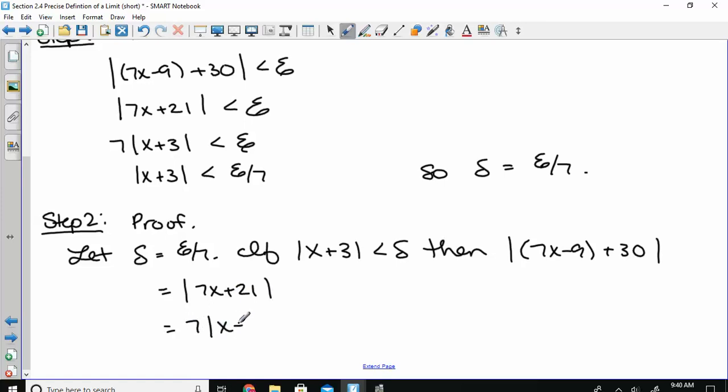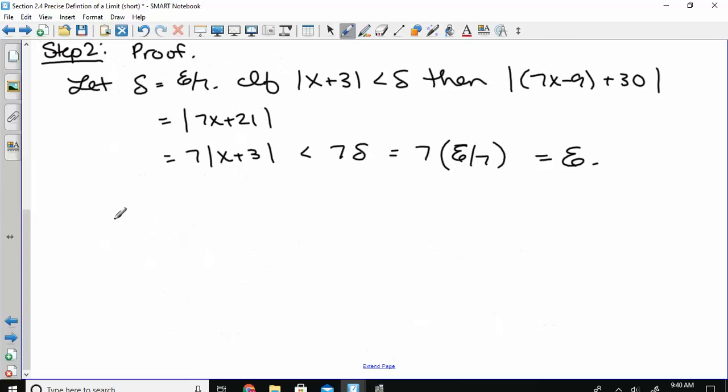So then if I work that out, you get 7x plus 21, take out your 7. But we've already said that the absolute value of x plus 3 is less than delta, so that's less than 7 delta. And we said delta was epsilon over 7, so that's 7 times epsilon over 7, which is our epsilon.